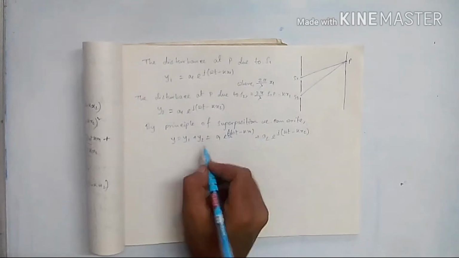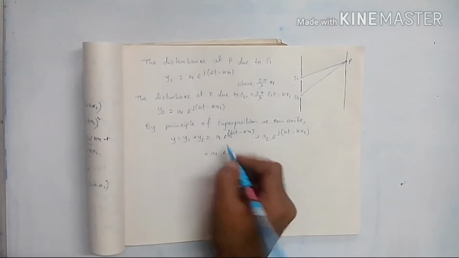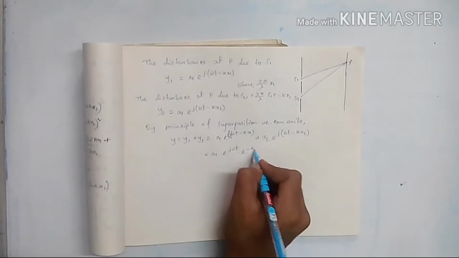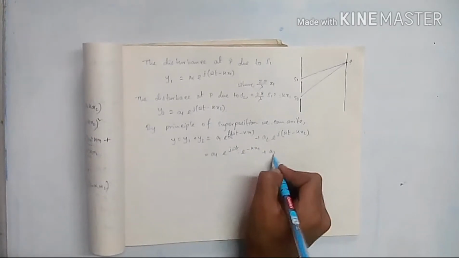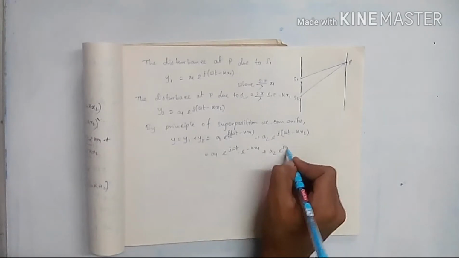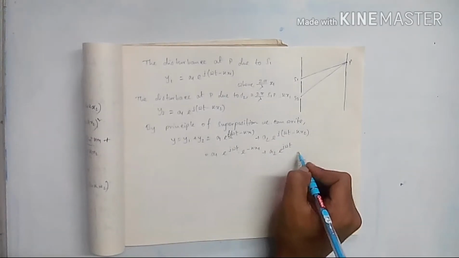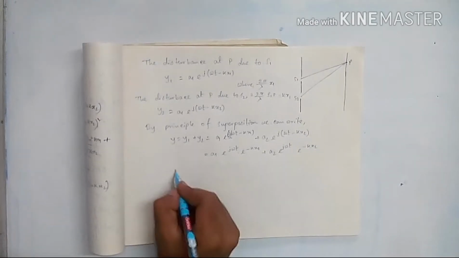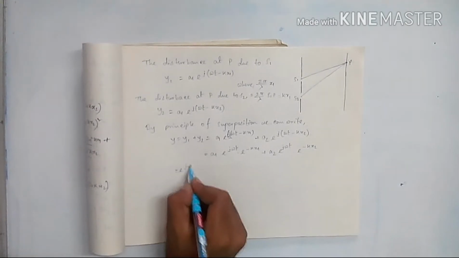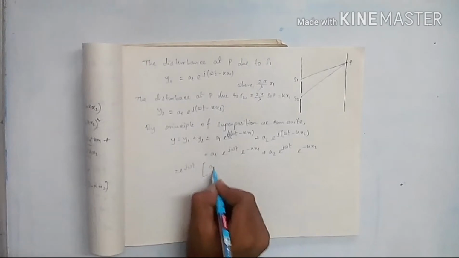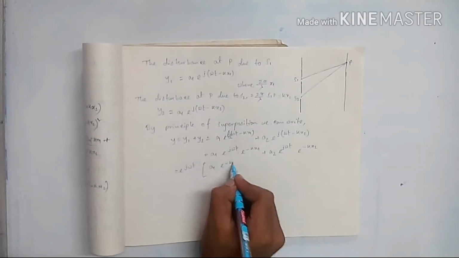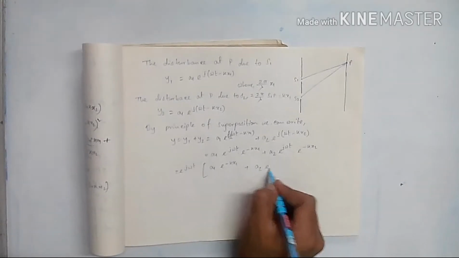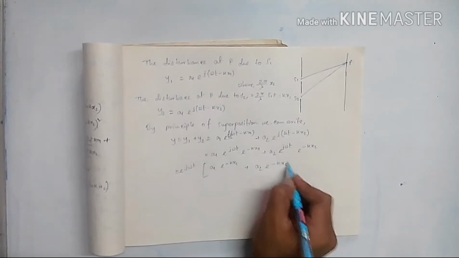Okay, just open the bracket. A1 e to the power j omega t into e to the power minus kx1 plus A2 e to the power j omega t into e to the power minus kx2. Take e to the power j omega t common, and we get A1 e to the power minus kx1 plus A2 e to the power minus kx2.